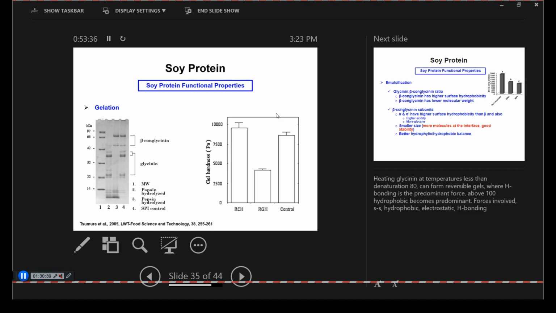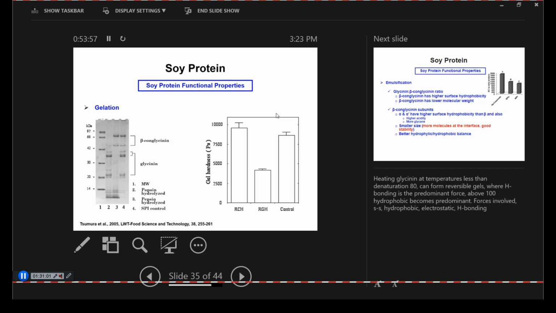And here, when you use papain, this is both SPI, soy protein isolate. When you use papain, you will see that they don't have any more beta-conglycinin because papain is specific to beta-conglycinin subunits, so it broke it down and resulted in soluble peptide.